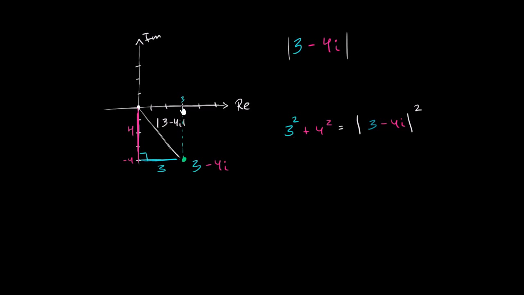So 3 squared plus 4 squared, that's 9 plus 16, which is 25. So you get 25 is equal to the absolute value of 3 minus 4i squared.